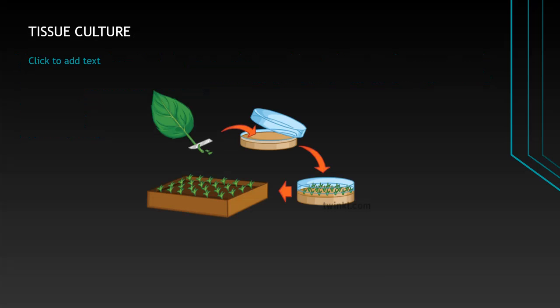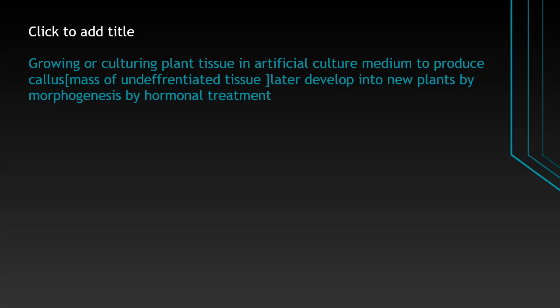So now we'll see what tissue culture is. You can see the picture. I've shown one picture of how tissue culture is done. What is tissue culture? Growing or culturing plant tissue in an artificial culture medium to produce callus. Callus is a mass of undifferentiated tissue, which later develops into new plants by morphogenesis through hormonal change.